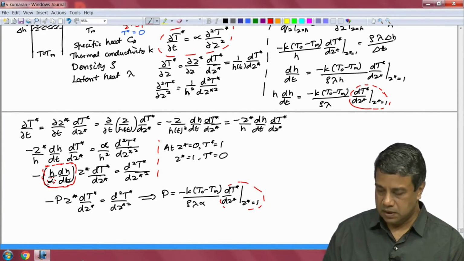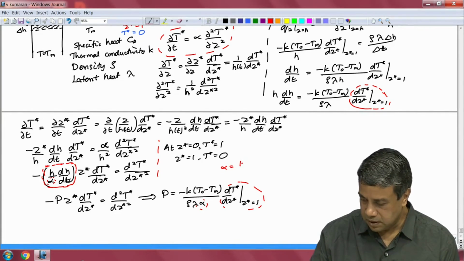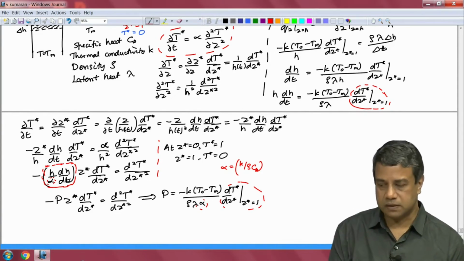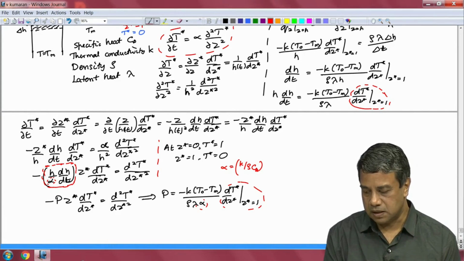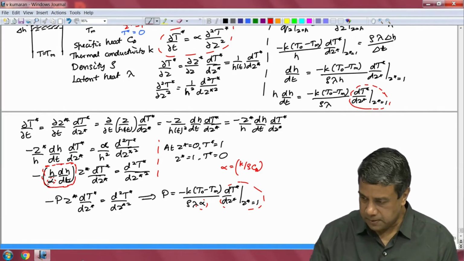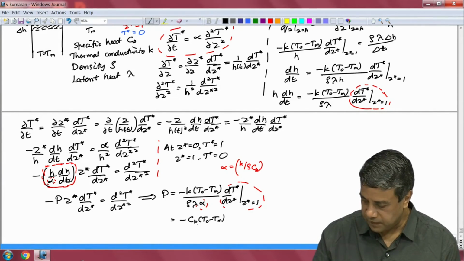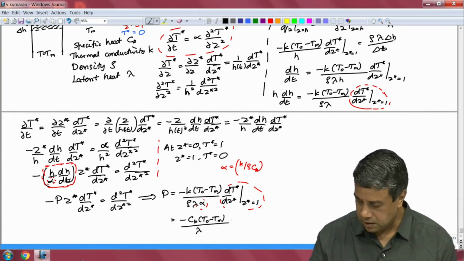We can simplify this a little bit by writing alpha is equal to k by rho Cp. If I write alpha is equal to k by rho Cp, then rho and the thermal conductivity will cancel, and I will get minus Cp into T naught minus Tm by lambda dT by dz.